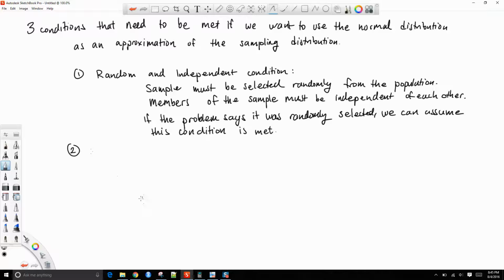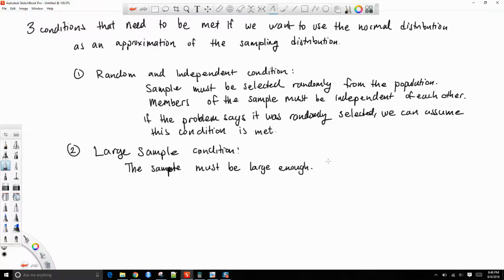Okay, we have the large sample condition. And for this condition to be met, the sample must be large enough.